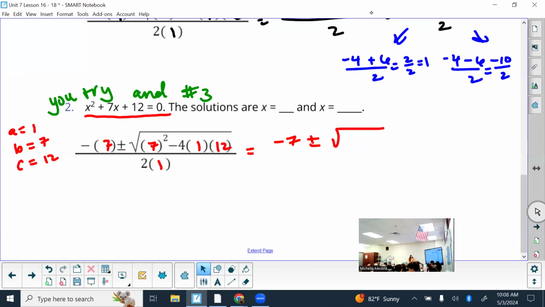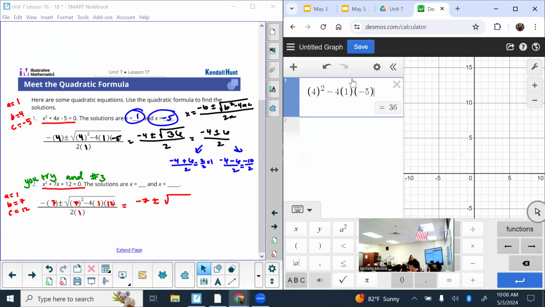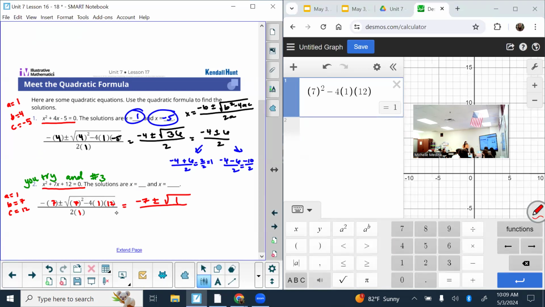Highly recommend, a lot easier, and it prevents silly calculation mistakes. Let's see, 7 squared minus 4 times 1 times 12. And always use parentheses anytime you plug stuff in. I get a +1 under the square root symbol, all over 2 times 1, which is 2. Okay, so any questions there?